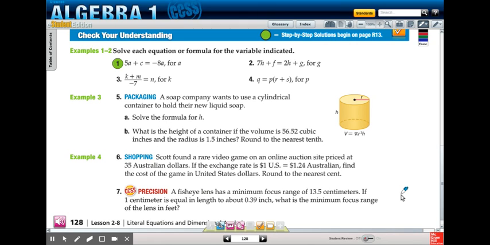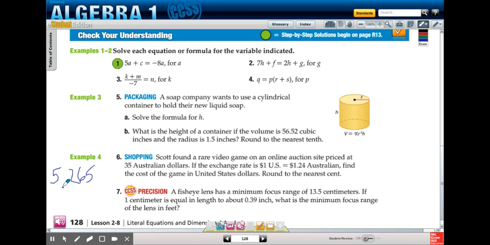Well, okay. So first, let me get my calculator here. I'm doing 13.5 times 0.39. So I get 5.265.